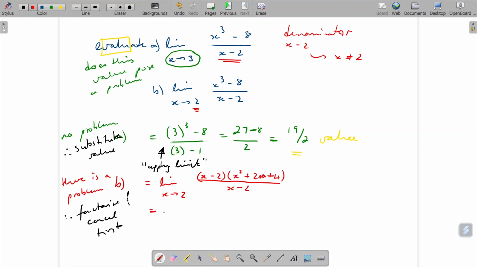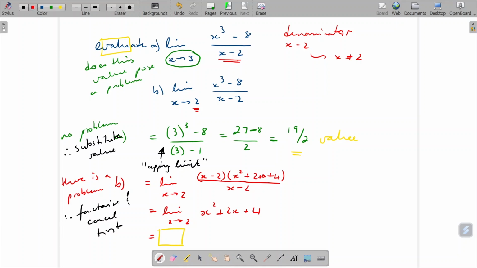Again, I haven't yet applied the limit, so it's going to be the limit as x tends to 2 of x squared plus 2x plus 4. I'm now going to apply the limit. And so what I'd like you to see is how, when I do apply the limit, the limit notation has gone away.